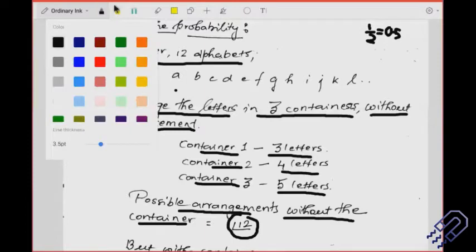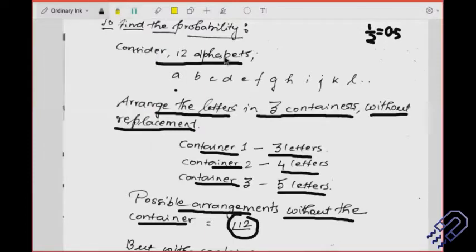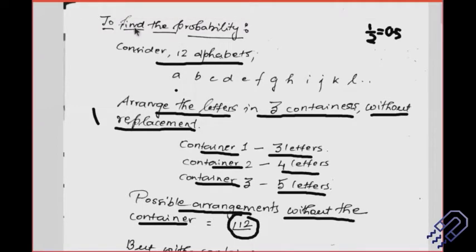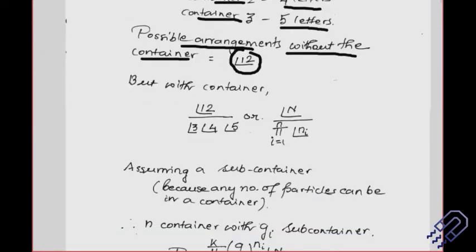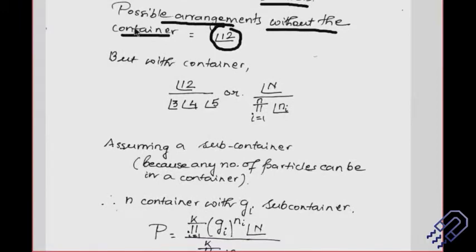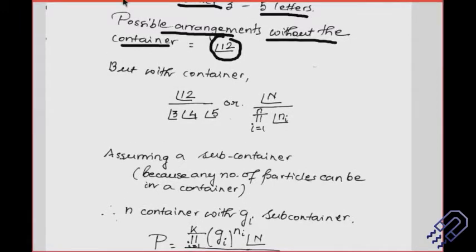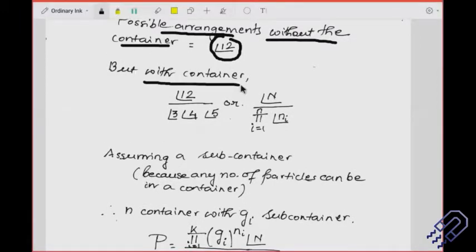If we do have containers, then the arrangement will be different. I cannot have all the possible arrangements, because if there is one kind of arrangement in one container, those three cannot come to the other container.